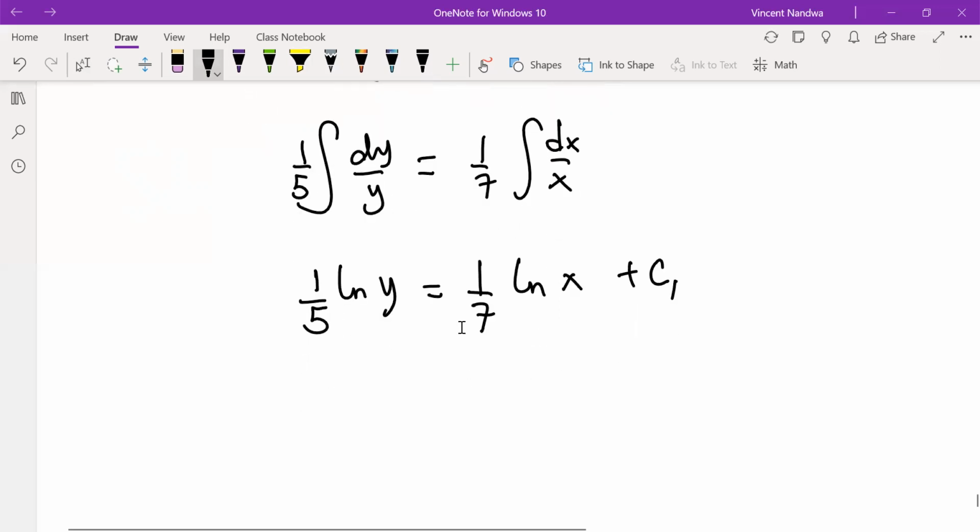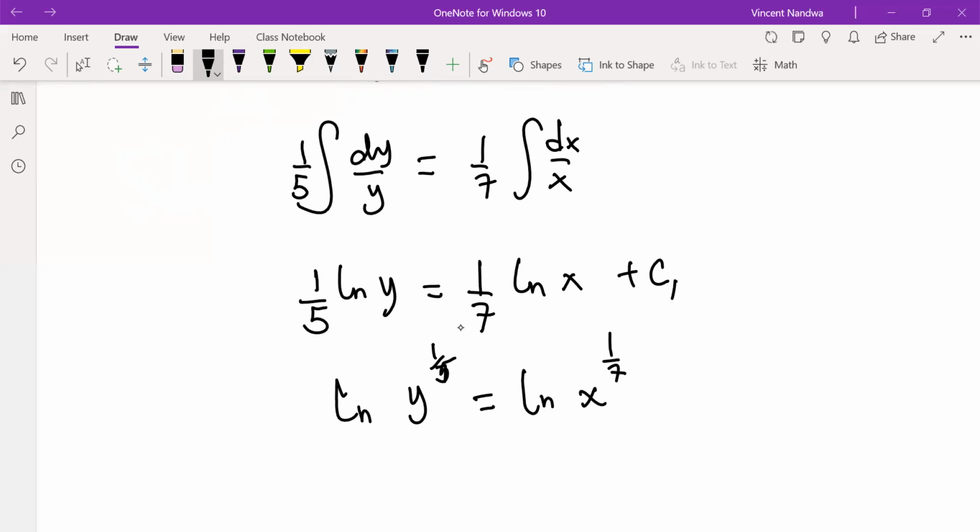Now we multiply through, so this can be written as ln of y to the power 1 over 5 equals ln of x to the power 1 over 7 plus, let me write c1 as ln of c.